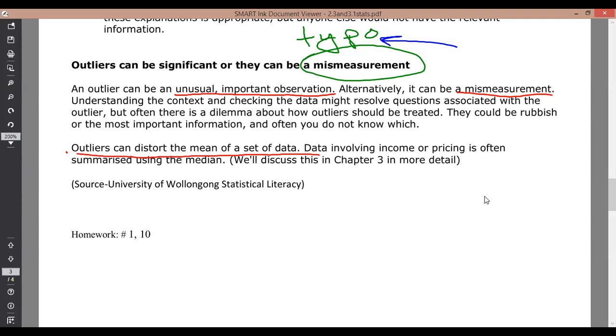The mean is drastically affected by an outlier. So that's why, as we're going to see in chapter 3, when you have data involving money of some type, like income or pricing, how much money the average employee earns, it's often summarized using the median or the mode, okay? And we'll talk about that in chapter 3.